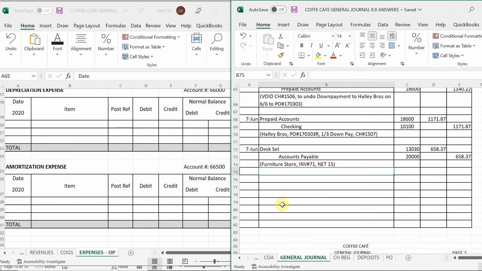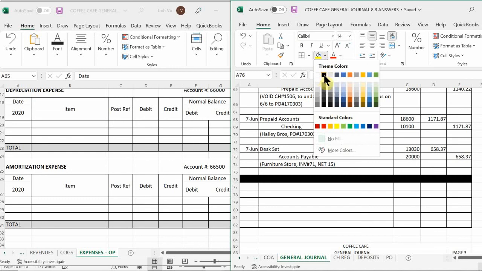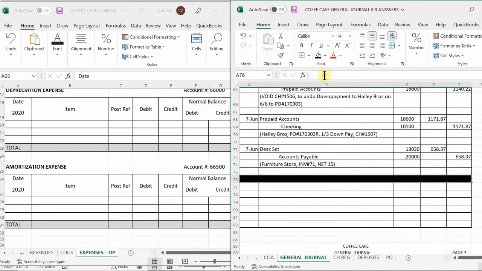So we have finally finished week 1 of Coffee Cafe, and we're going to officially start week 2 tomorrow. Okay, so we're going to continue building our company and so on and so forth. Now, what I like to do in my journal is end my journal by putting in a little line here, or a little block here, just so I know that these transactions from the 1st all the way to the 7th are good to go, because I've already tested my trial balance.